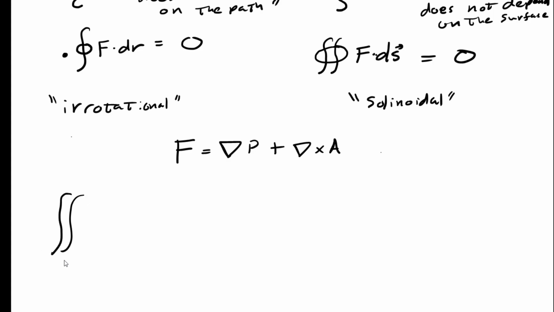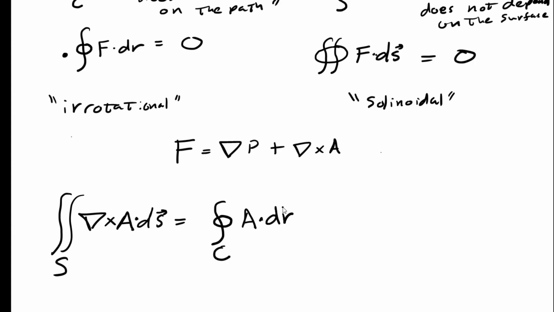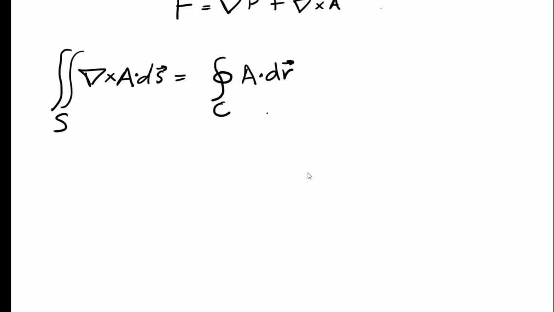Stokes' theorem says that the integral over a surface of the curl of something, I'm going to use A, dot dS, is equal to the line integral over the boundary of A dot dr. That's what I'm going to be using in these next couple examples.